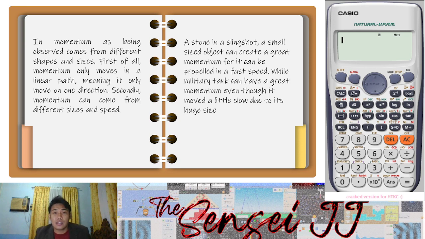Okay, so that is the essence of having a momentum that is greater in size but slower in speed, and another one is greater in speed but smaller in size. So momentum can be created even though it is slower or smaller in size.